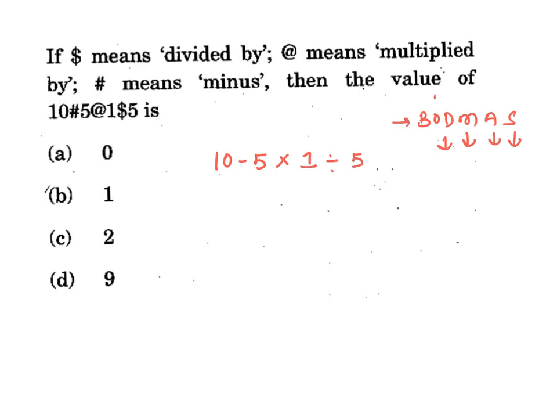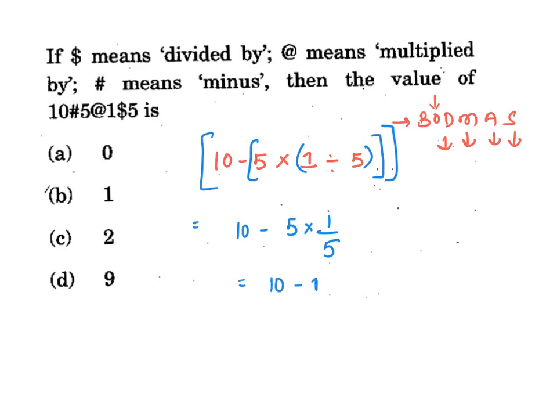Now we have only division, multiplication, addition and subtraction. So first give priority to division, then multiplication, then minus. So 10 minus 5 into 1 by 5. So it becomes 10 minus 1. Our answer is going to be 9 here.